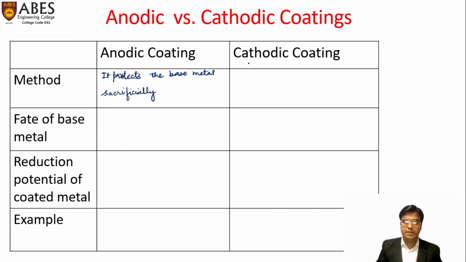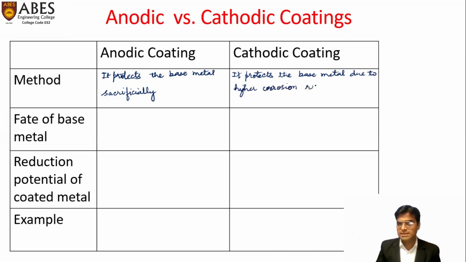On the other hand, in the cathodic coating, protection is due to the higher corrosion resistance of the coating metal. So it protects the base metal due to higher corrosion resistance of the coating metal.